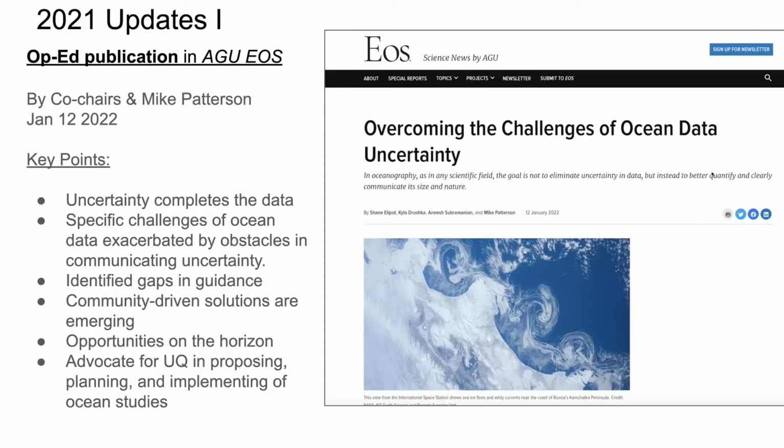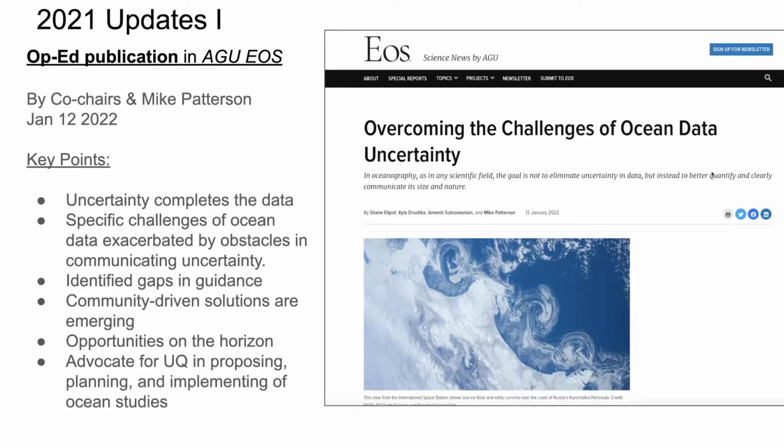Then we highlighted some specific challenges that we have identified in ocean data studies, such as the fact that we are dealing with a non-stationary climate system, or the fact that we can run very expensive models only once, so we cannot necessarily know the statistical distribution of their outputs.